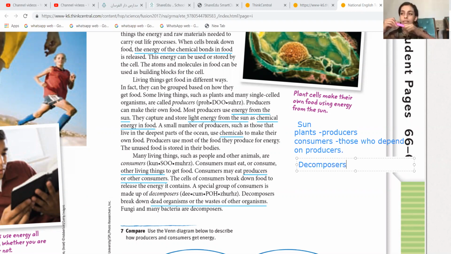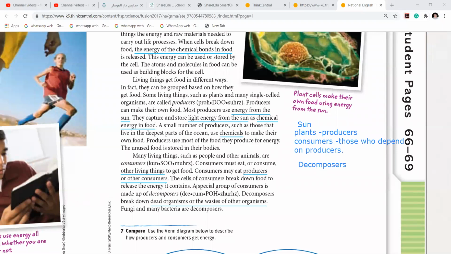Miss, I know decomposers. Like fungi, the ones who eat after. They break down the organism or the waste through chemicals. For example, fungi and many bacteria are decomposers. But some animals eat the decomposed food after they eat it.